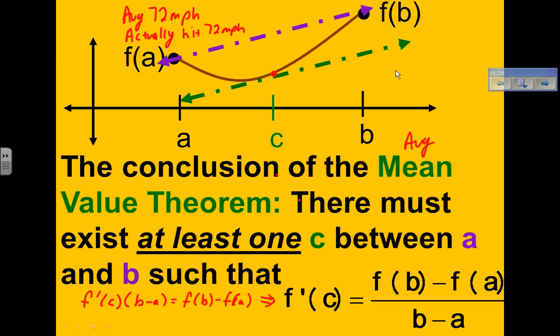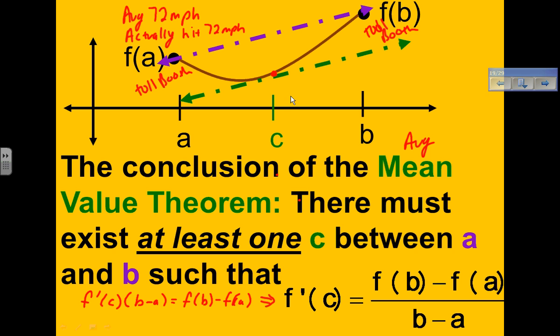Okay? There's a famous story where a guy got a speeding ticket. He was going from a toll booth at A to another toll booth at B. Well, the time on the ticket was calculated and found out he had averaged 72 miles an hour on his trip, so he got a speeding ticket. They couldn't say where he went 72 miles an hour.